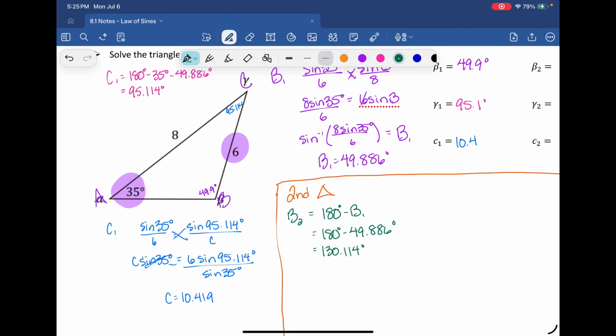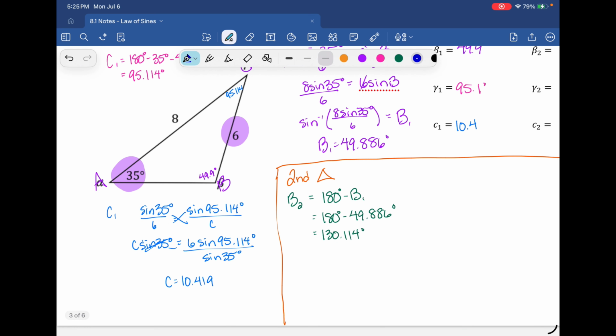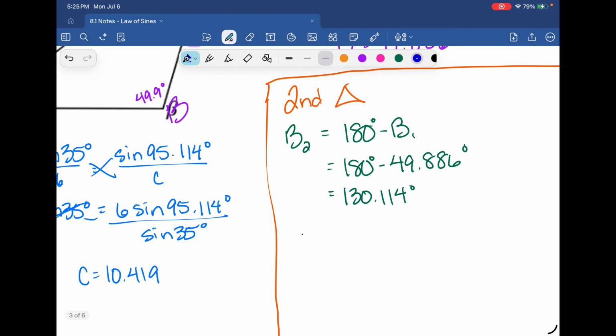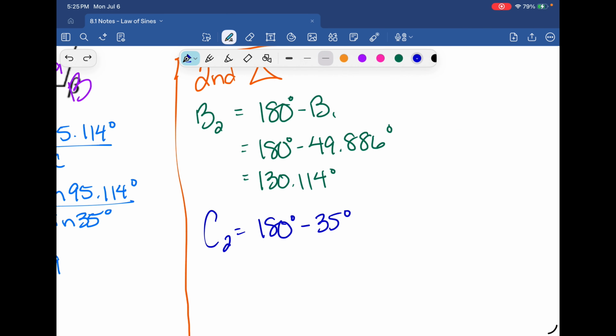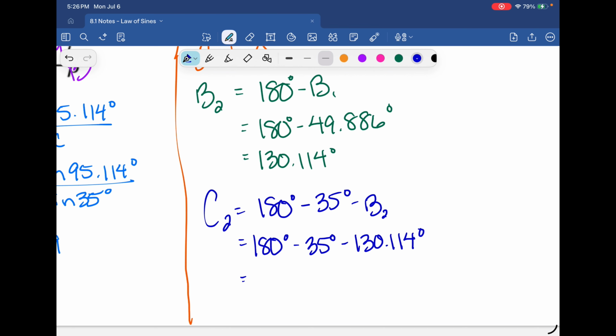All right, now here's the true test on whether or not we have that second triangle: angle C2. It's going to be 180 minus 35 degrees, that's your given angle right here, minus B2. If this angle is positive, there's a second triangle.